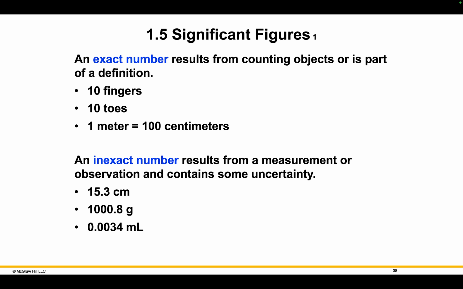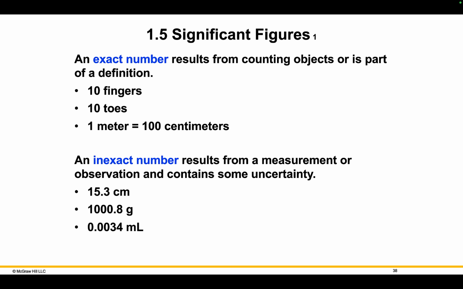I can go to the store and order 12 bagels, whatever it might be. And because that's an exact number, an exact number does not contribute to the number of significant figures, or I should say it does not limit the number of significant figures that you're allowed, because it's an exact number.